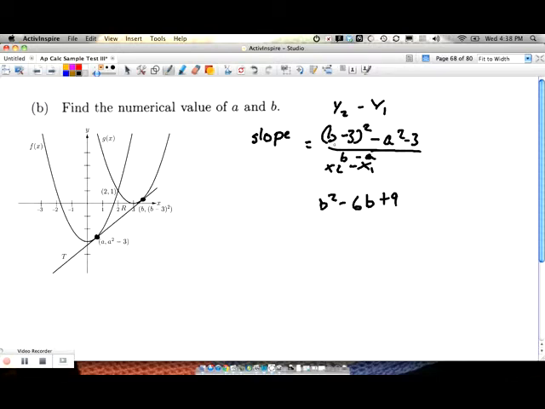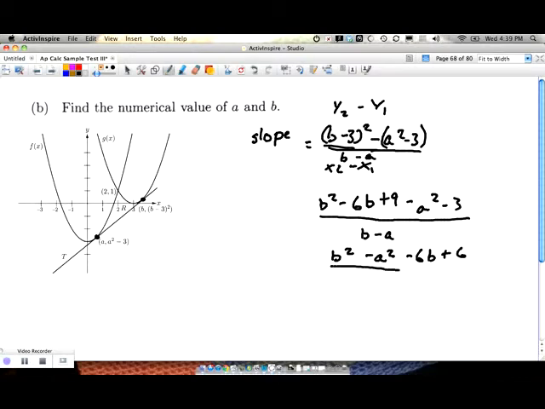Then for the next couple of terms, we actually have to subtract the whole thing, so I should group that. So it's going to be minus a squared minus 3, all over b minus a. So that means I have b squared minus a squared minus 6b plus 6, all over b minus a.